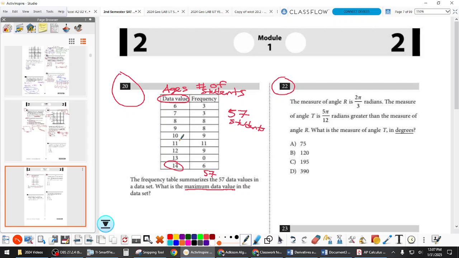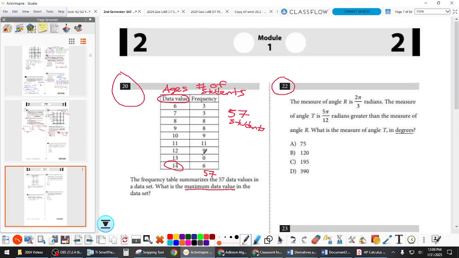It would be 14, right? So it's this side that we look for the maximum. What would it have to say if we were looking for the maximum of the right column? Something like, what data value occurs the most times? Cool. Does that help?